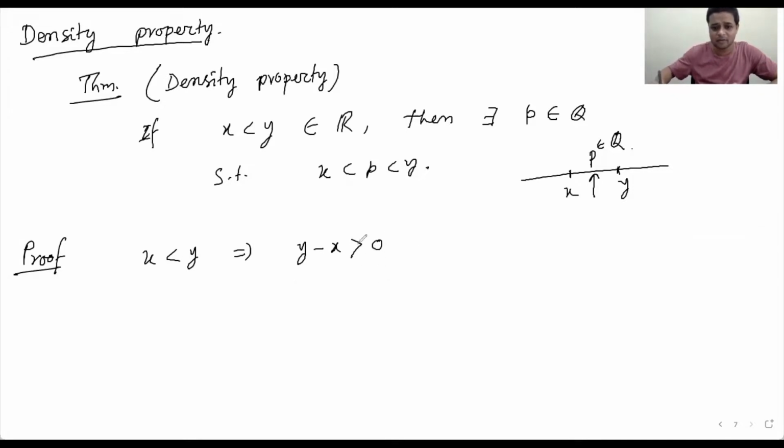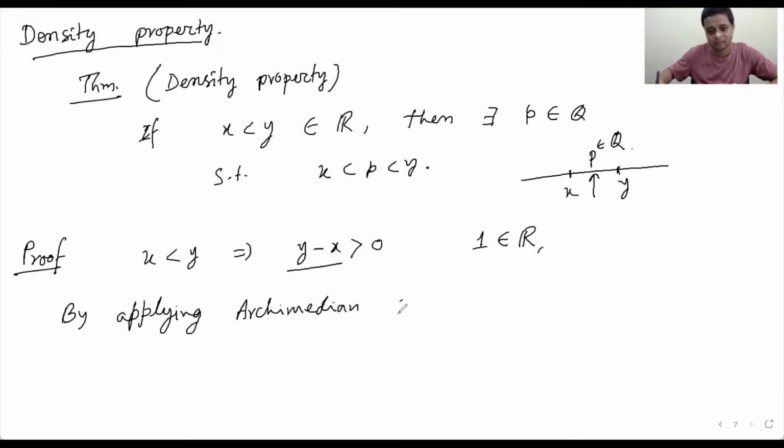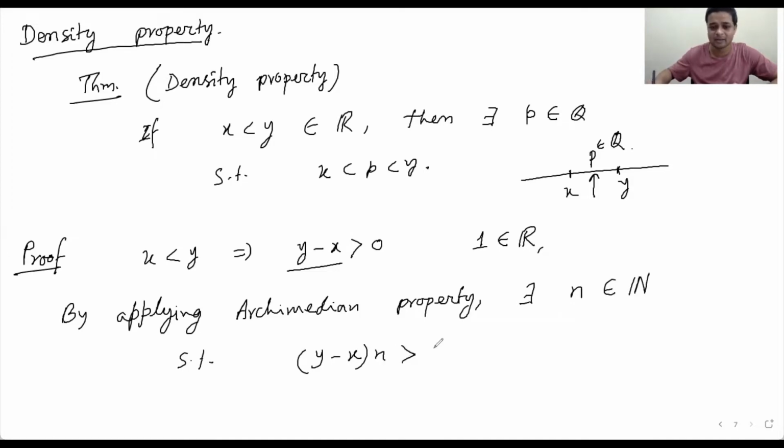Now, for y minus x greater than 0 and 1 belonging to the set of reals, by applying the Archimedean property, there exists some natural number n belonging to the set of natural numbers such that (y minus x) times n is greater than 1.